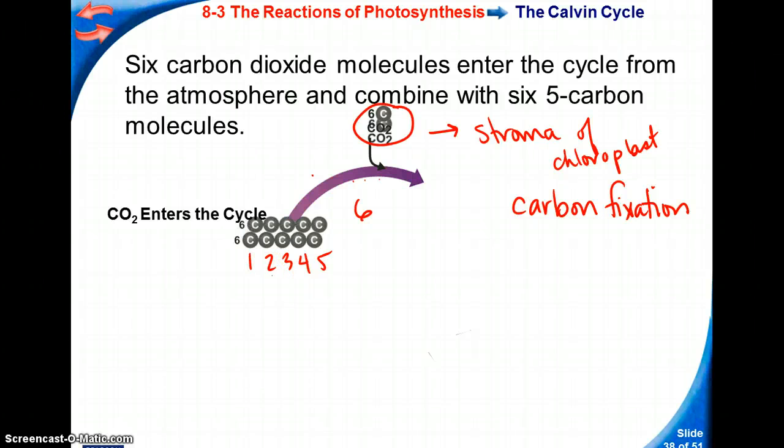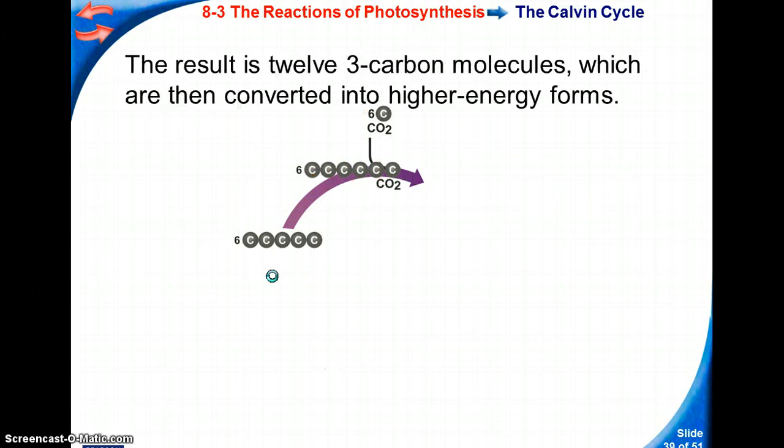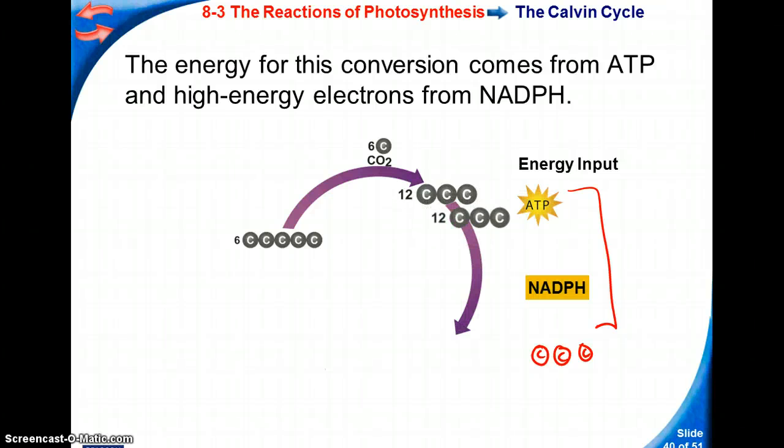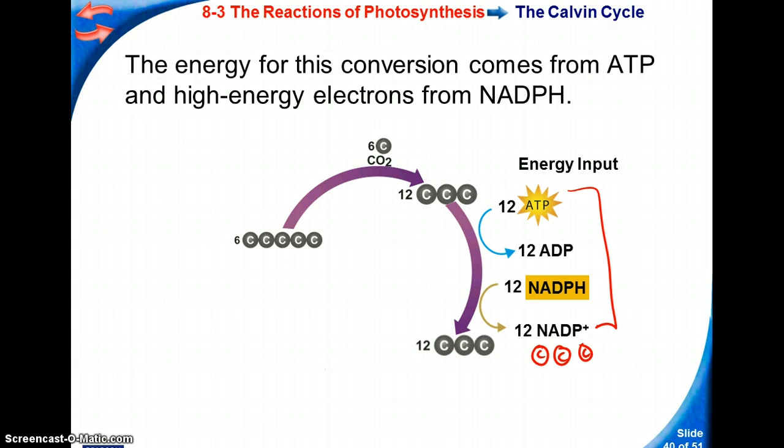That's called carbon fixation. So it becomes a 6-carbon sugar with the help of ATP and NADPH.